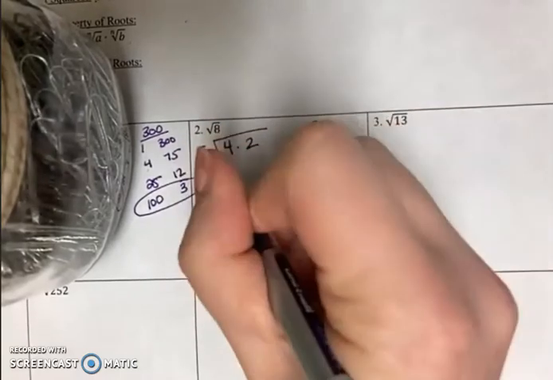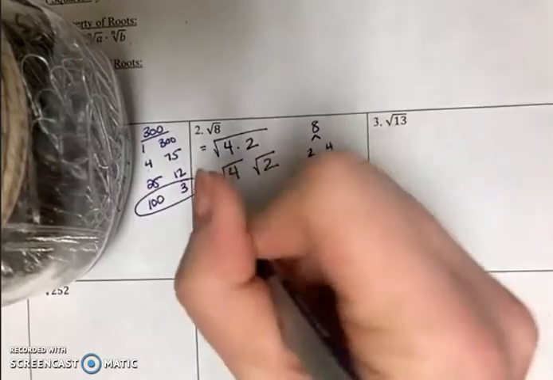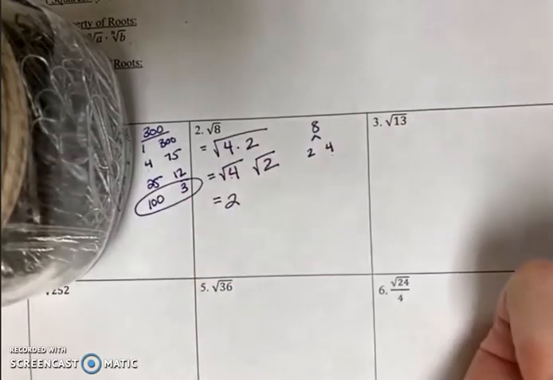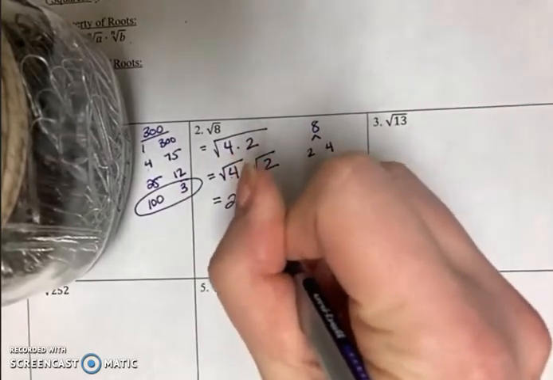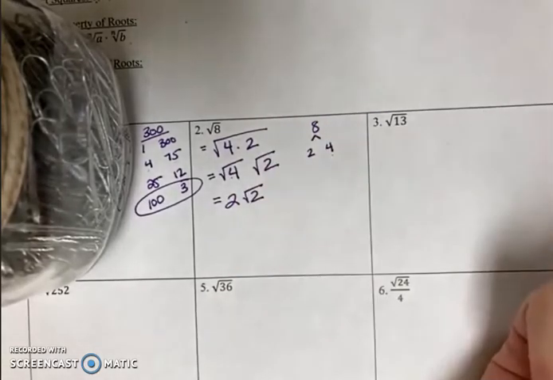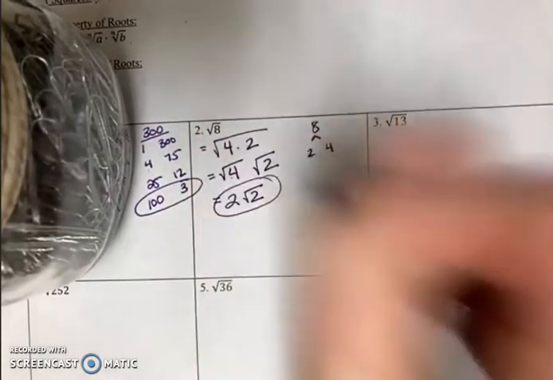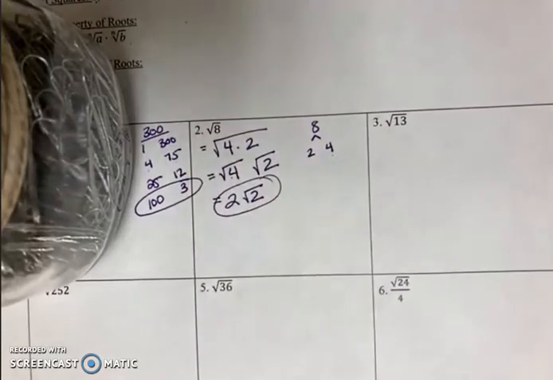And using product property, I'm going to break it apart, because the square root of 4 I know is a whole number of 2, and square root of 2 just will remain because it cannot be simplified any further. Think about it. The factors of 2 are 1 and 2. Those are not perfect squares greater than 1. So that is the most simplified answer.